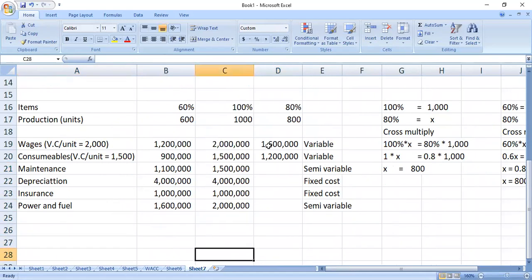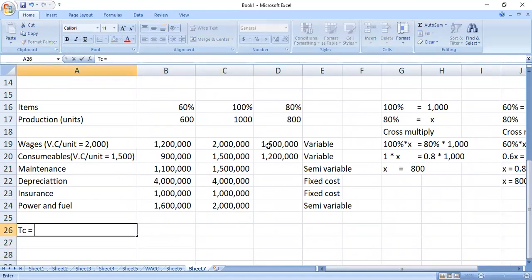Okay, so a typical semi-variable item, we say the total cost is equal to the fixed cost element or component, and then a variable component.